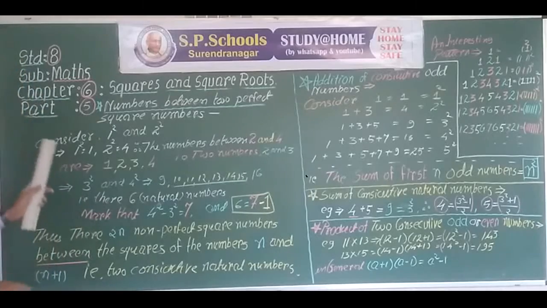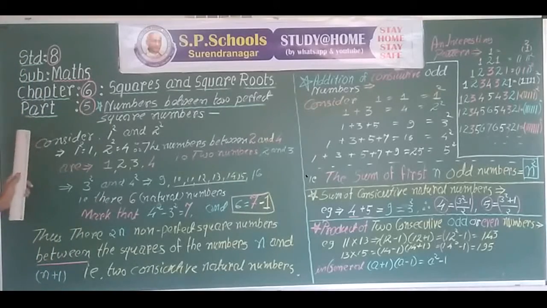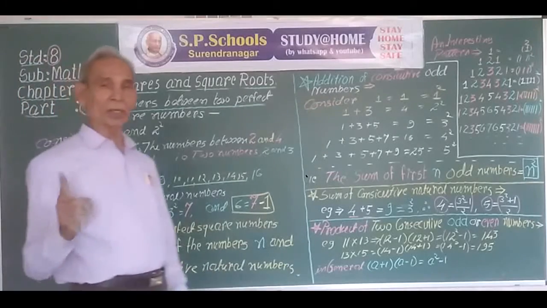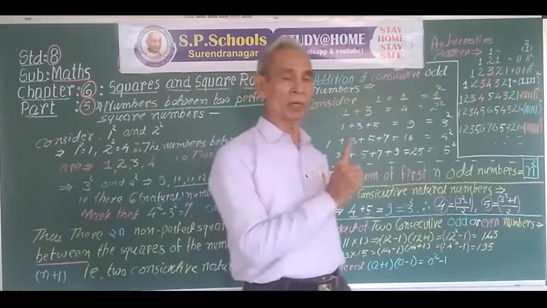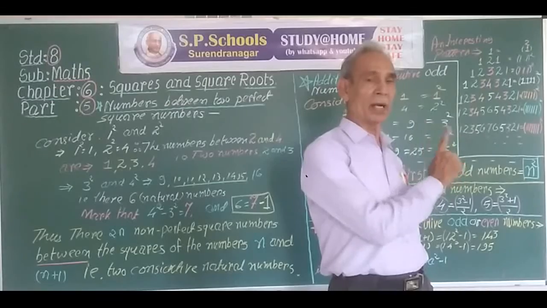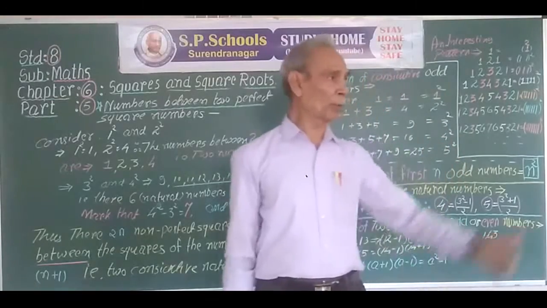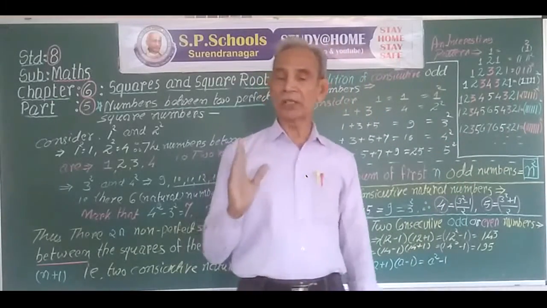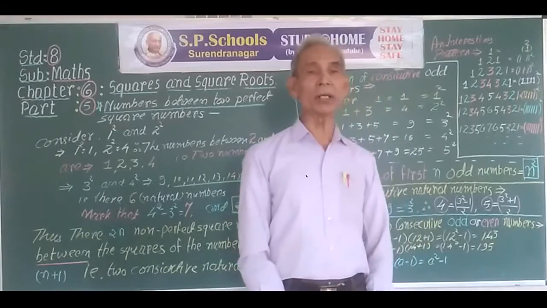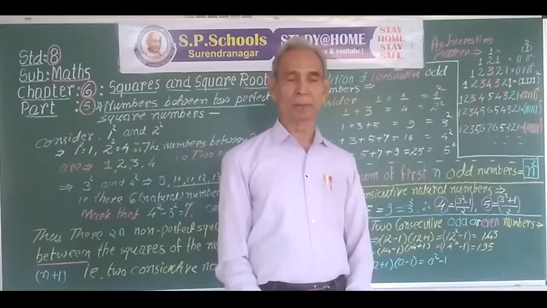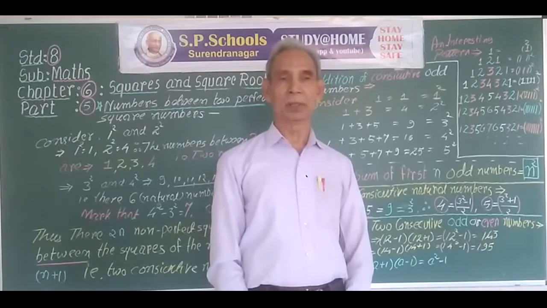Suppose we write down natural numbers 1, 2, 3, 4, 5, 6, 7, 8, 9, 10, like that, up to infinity. Natural numbers are for counting whole things, like persons, people.